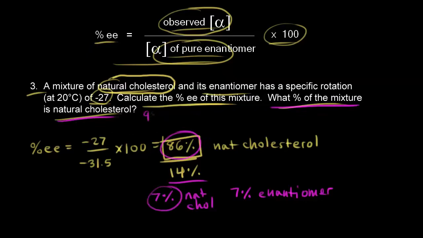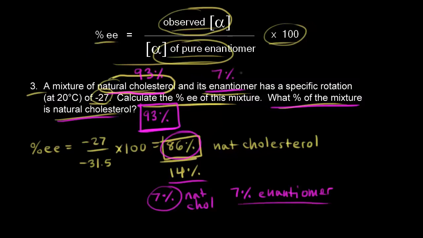So that's our answer. 93% of our mixture is natural cholesterol. This can get a little bit confusing sometimes, so you can check this answer to make sure it's correct. You know that the total of natural cholesterol and its enantiomer should be 100%. So if natural cholesterol is 93% and its enantiomer is 7%, obviously 93% plus 7% is 100%.